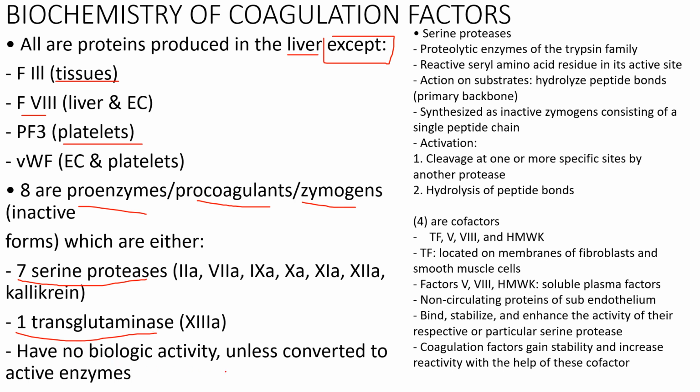They have no biologic activity unless converted to active enzymes. Now take note, class, that serine proteases are proteolytic enzymes of the trypsin family. They have a reactive seryl amino acid residue in their active site. In action on substrates, they are able to hydrolyze peptide bonds. They are synthesized as inactive zymogens consisting of a single peptide chain.